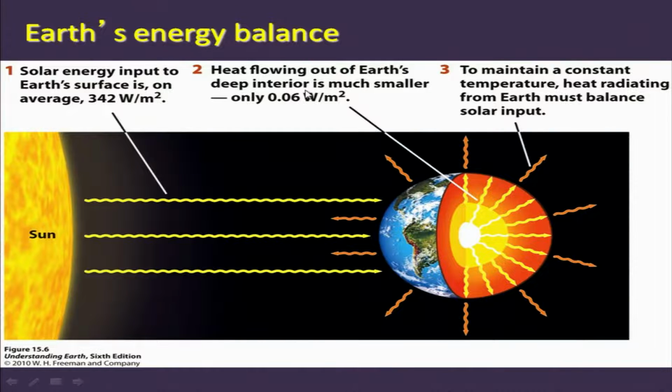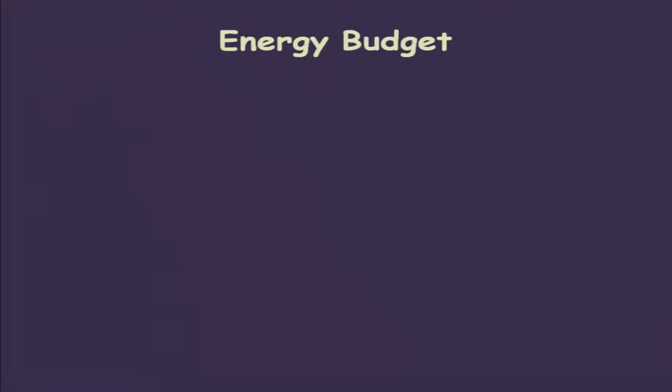This heat flow from the deep interior is much smaller compared to what we receive from the sun. Third, to maintain a constant temperature, the heat radiating from the earth must balance the solar input. So the radiation going out should balance the input radiation, and that's how the energy balance takes place. Let's see how it happens.